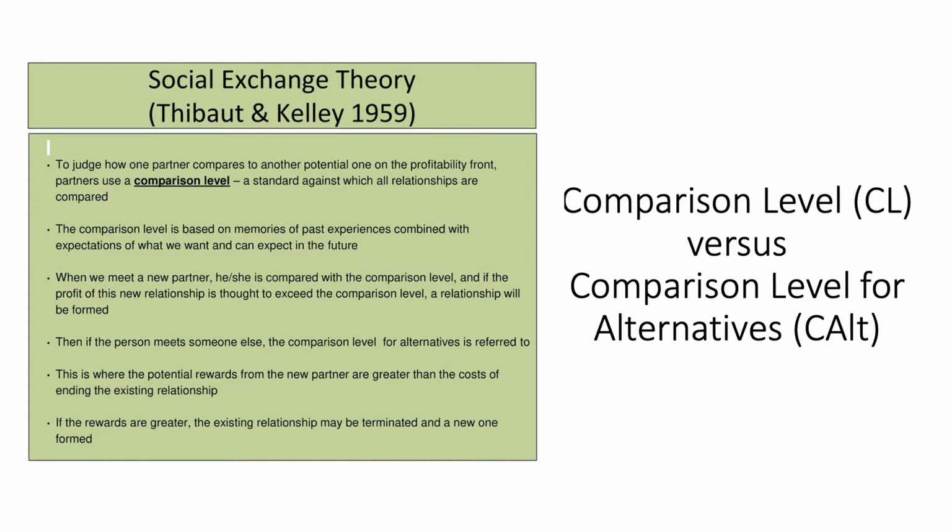Based on our past experience and the expectations for what we want in the future, we have a certain level of satisfaction that we need to have met for us to get involved in a relationship. And that's what the comparison level is all about. If our comparison level is met, then we are willing to at least tentatively commit to a relationship with a new partner.